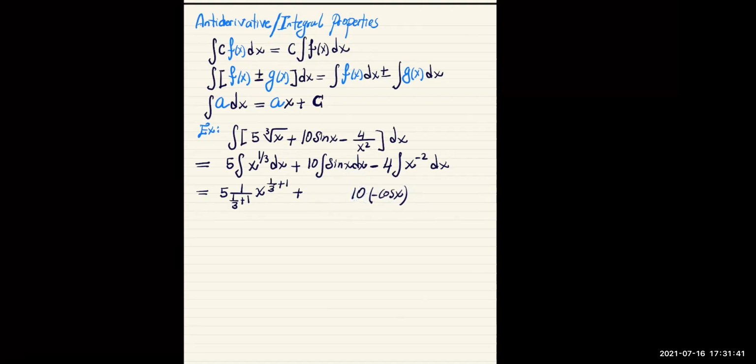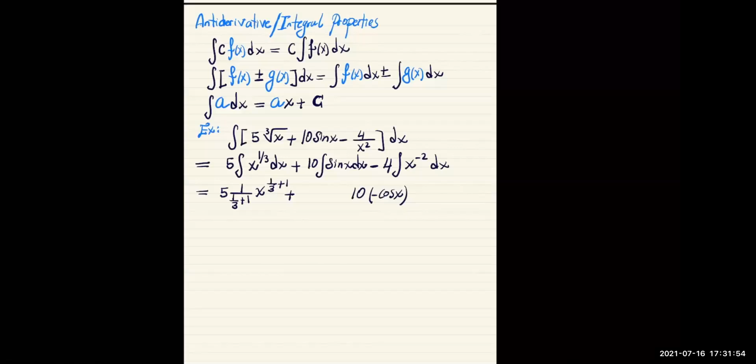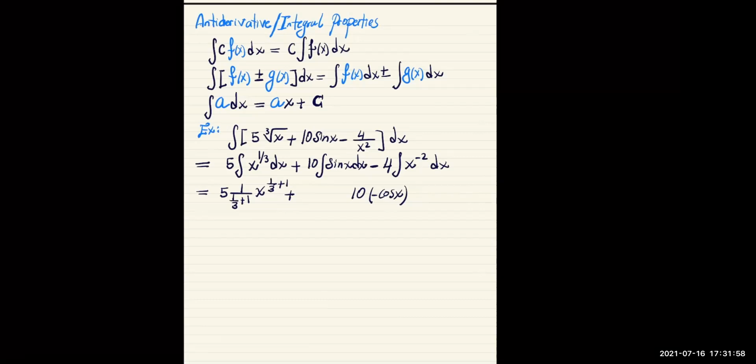I took this antiderivative, therefore there is a c, the constant of integration. Let me write that in red. That's not red. So plus c. Okay, so that takes care of that.